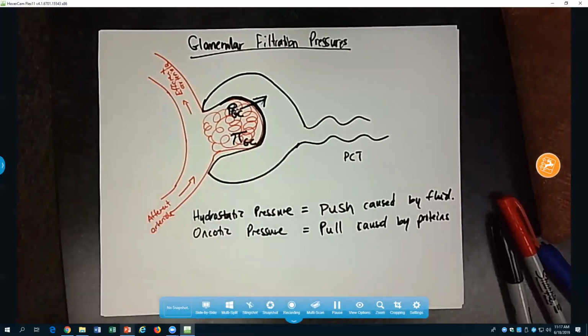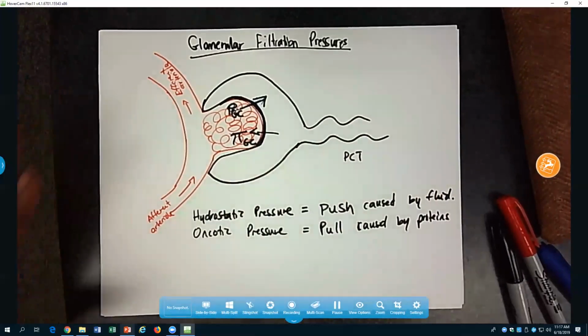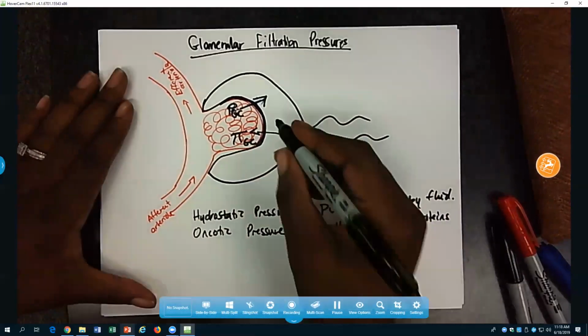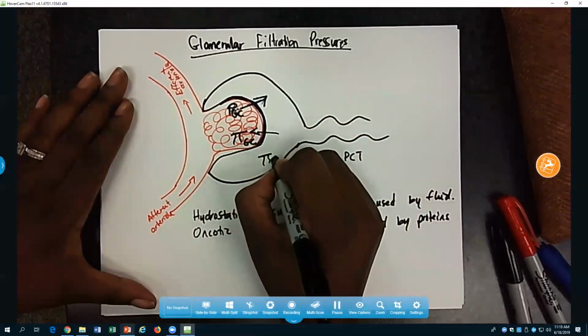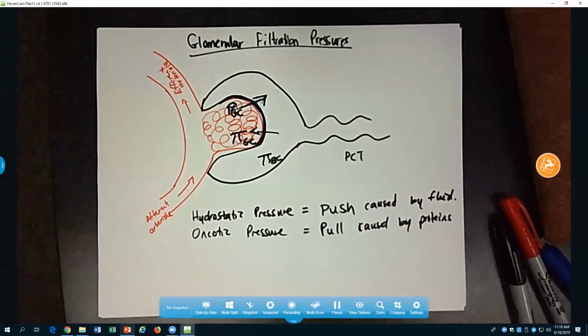And what direction is that having a force in? The oncotic is going to be pulling, right? So we want to pull fluid from the Bowman space into the glomerulus. Very similarly, in the Bowman space, we have the oncotic pressure of the Bowman's capsule.